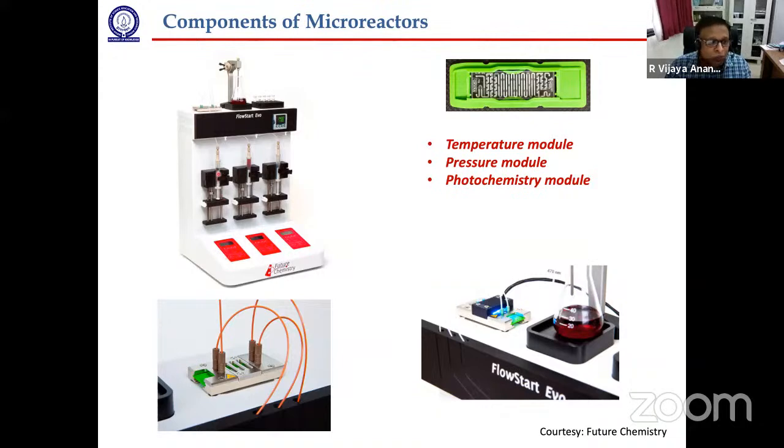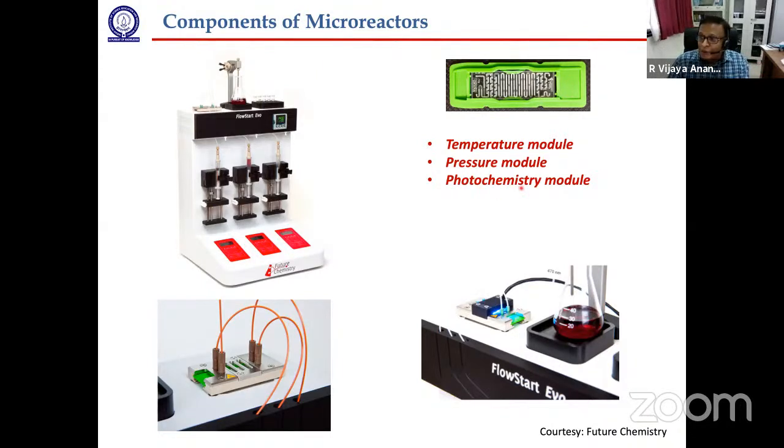Suppose you want 1 ml per minute, you can set it here. And here for component B, if you want only 0.5 ml per minute, you can do that too, so that the mixing will happen accordingly. The third one can be used for doing workup and all, as I have already mentioned. You can see here, this is the third one. You can just connect it over here so that you can easily do workup and all.